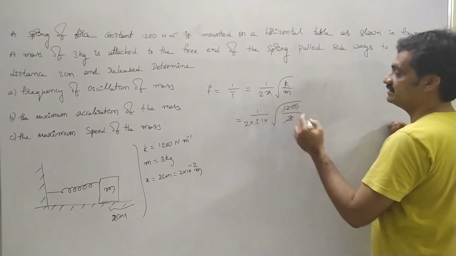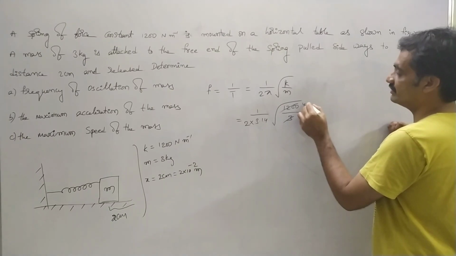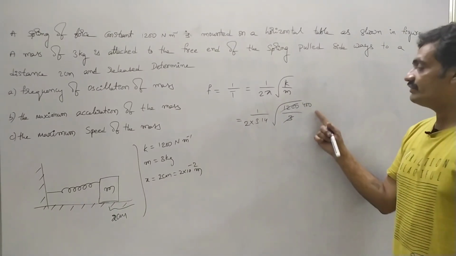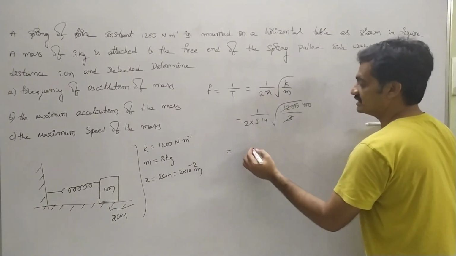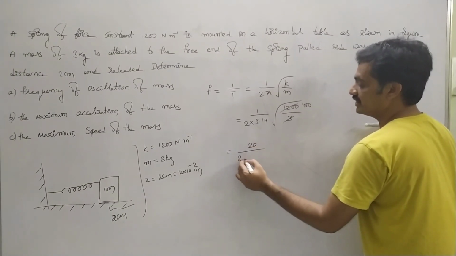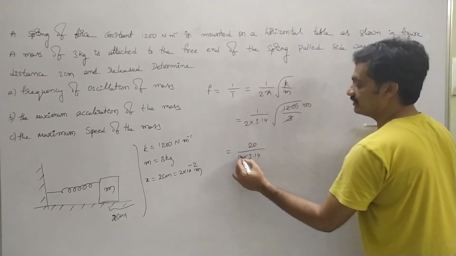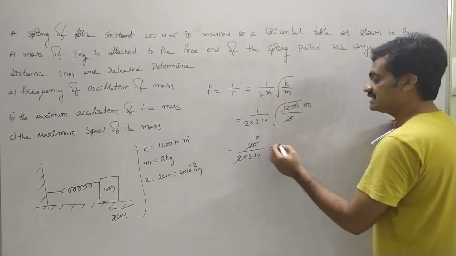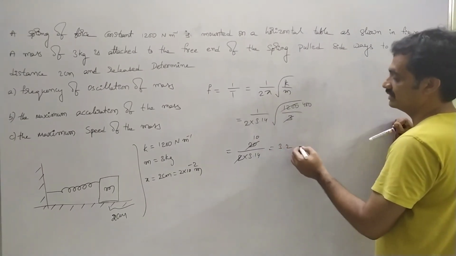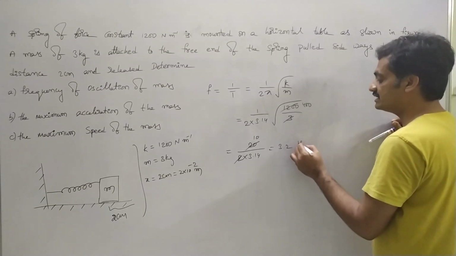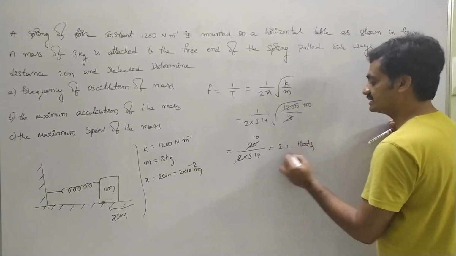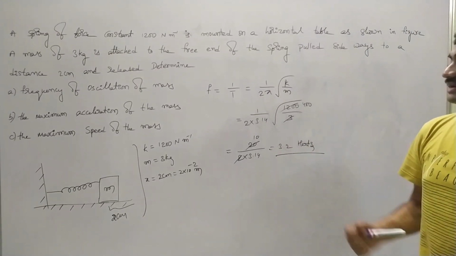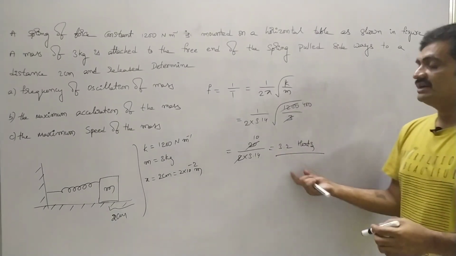As we cancel here, 3 4s are 12, we get 400, and under root of 400 is 20. As we substitute this value, we have 20 by 2 into 3.14. As we cancel here, we have 10 by 3.14. On cancelling, we get 3.2 per second, or we can also represent it as 3.2 hertz frequency. That's why we have represented it in terms of hertz.